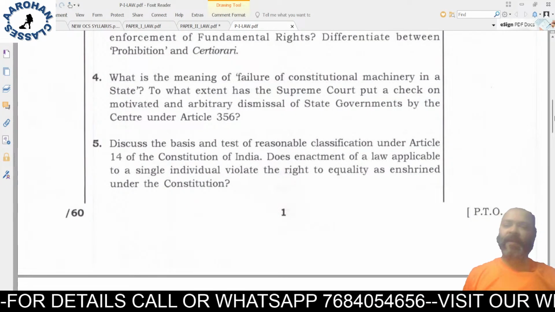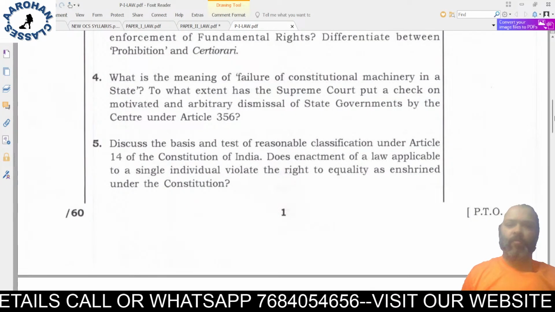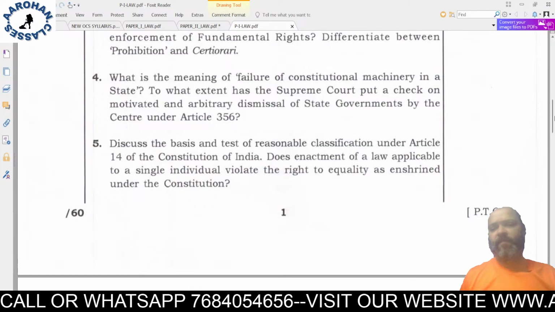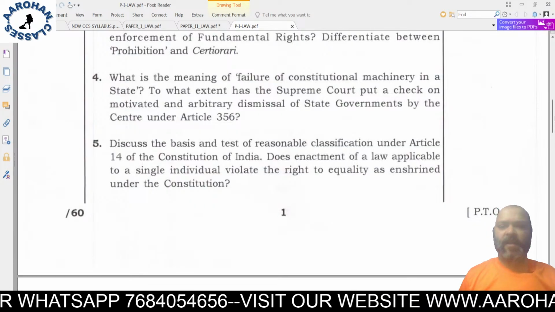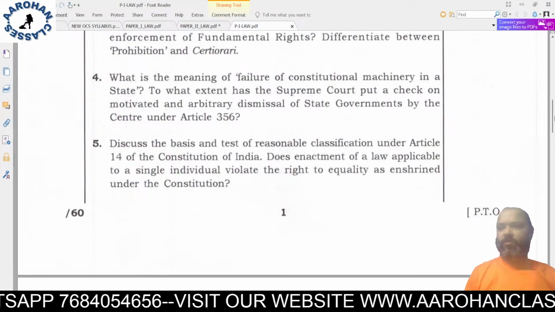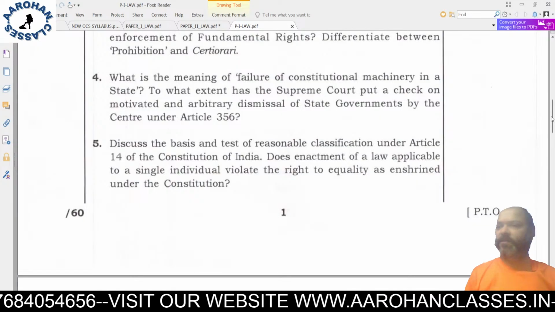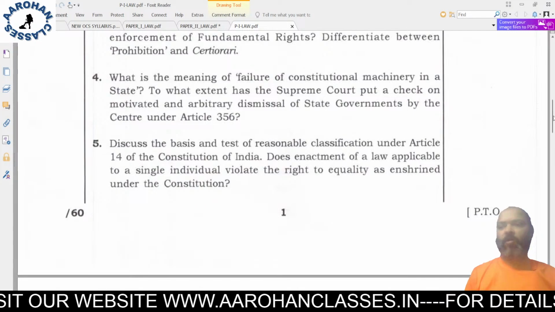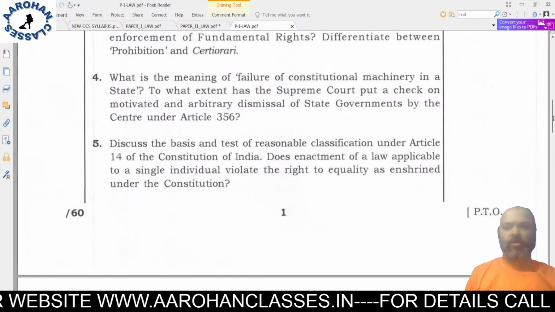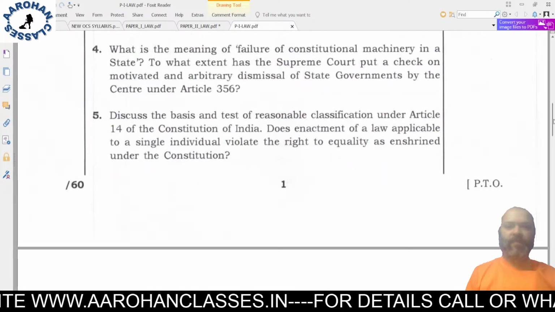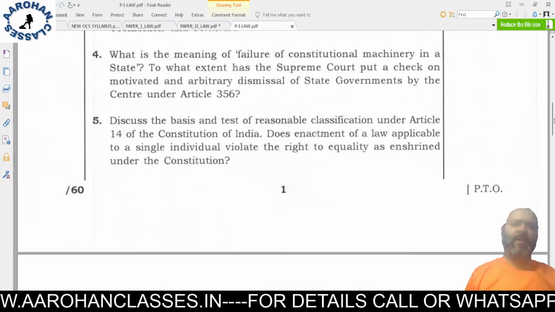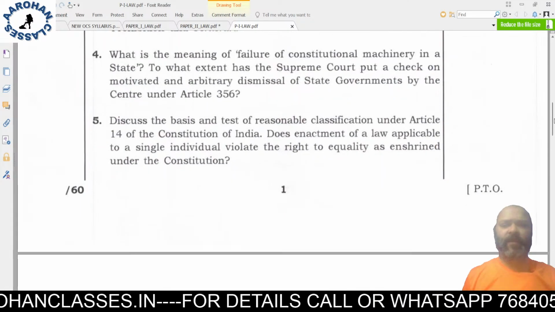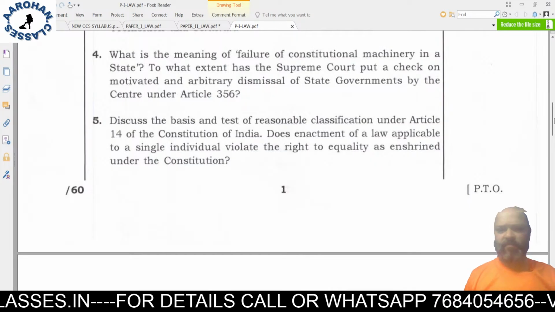To what extent has the Supreme Court put a check on motivated and arbitrary dismissal of state governments by the center under Article 356? First we have to discuss what is failure of constitutional machinery and its components, and because it's a 15-mark question we can't write a lot of things. Then the Bommai case we have to discuss.